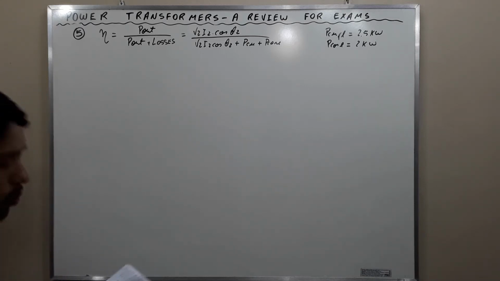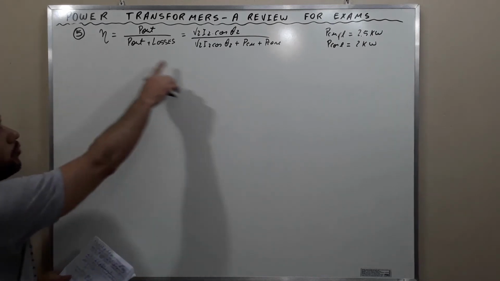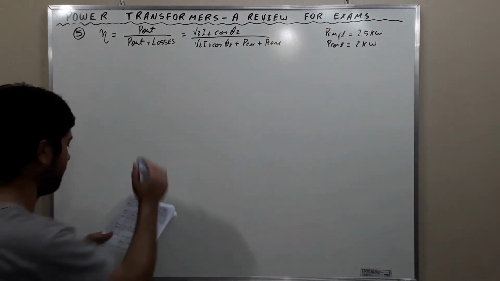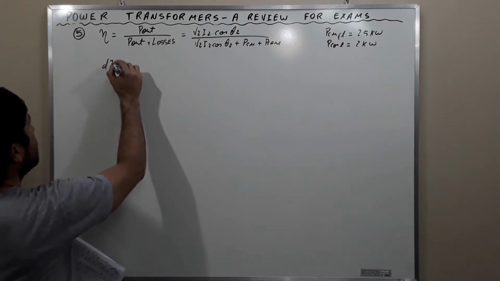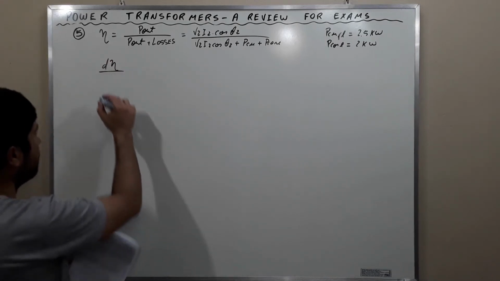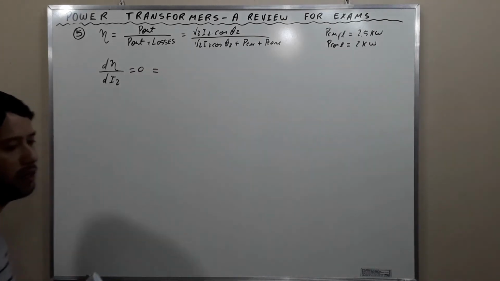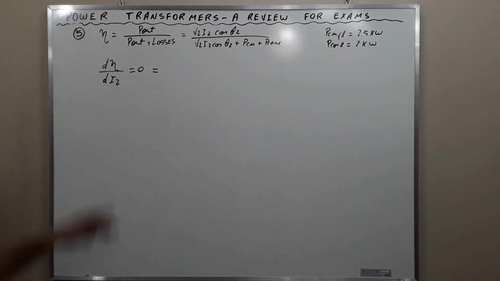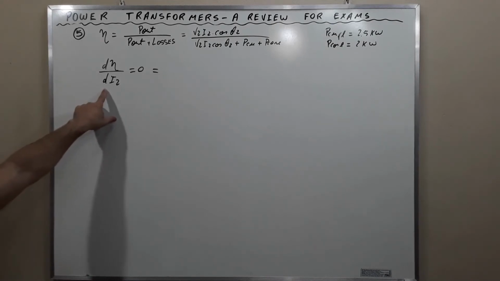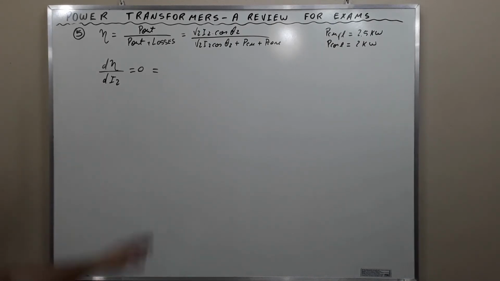So what we want is to maximize this with respect to output current. The derivative of the efficiency with respect to output current has to be equal to 0, okay? When the derivative of the efficiency with respect to output current is equal to 0, we have maximized the efficiency.